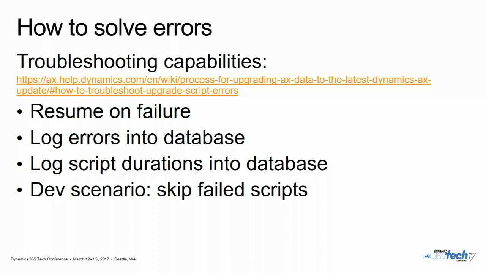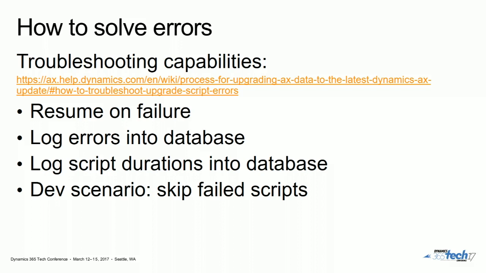Resume on failure sounds like something obvious, but it wasn't obvious to start with. Basically, data upgrade is a specific step in your deployable package, and you can resume not just from data upgrade, but within that at a kind of micro step.